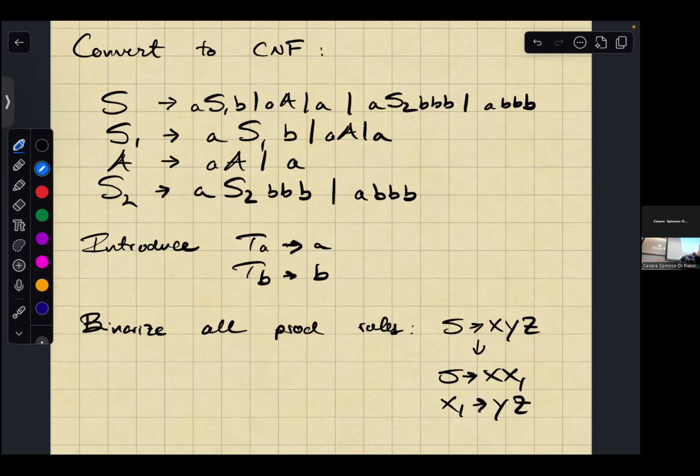But it's okay. Let's first replace all the variables, all the terminals, sorry, by their corresponding terminating variables. So wherever you see A, I'm going to write TA. And I'm not going to copy it just because I'm a bit lazy. So then I get something like this.